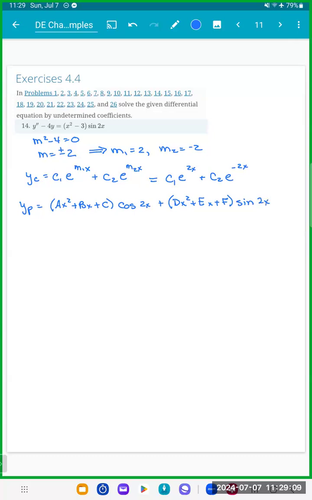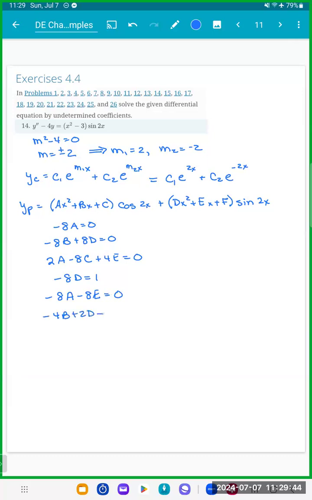Okay, so breaking this apart, we have negative 8a is equal to 0, negative 8b plus 8d equals 0. We have 2a minus 8c plus 4e equals 0. Negative 8d equals 1. Negative 8a minus 8e equals 0. And negative 4b plus 2d minus 8f equals negative 3.